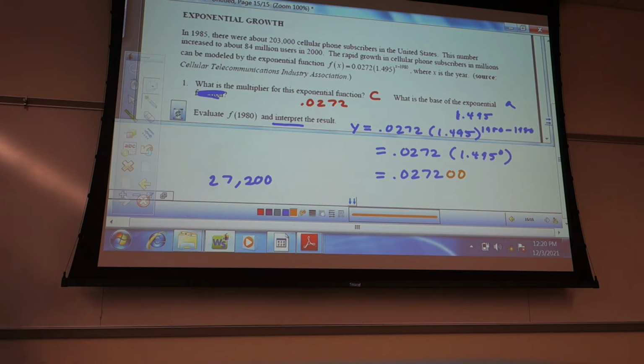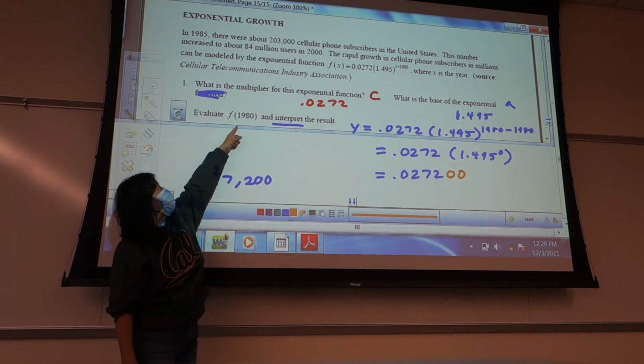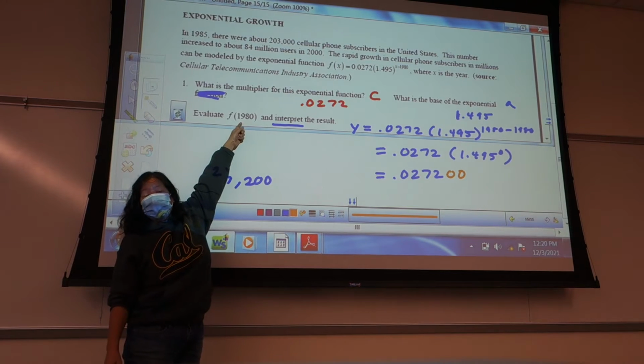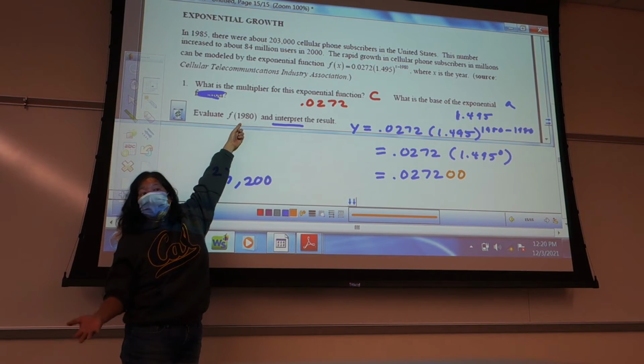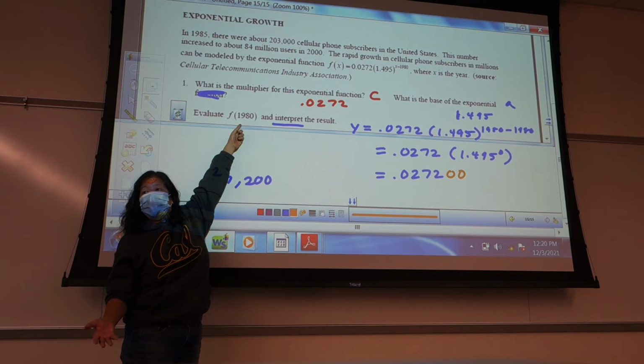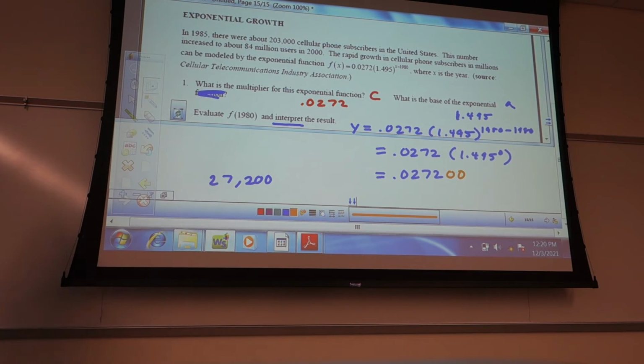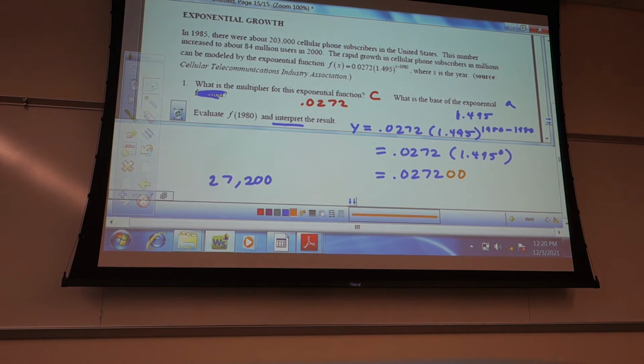What does this mean? F of 1980, that means when x was 1980, so in 1980, there were 27,200 cell phone users.